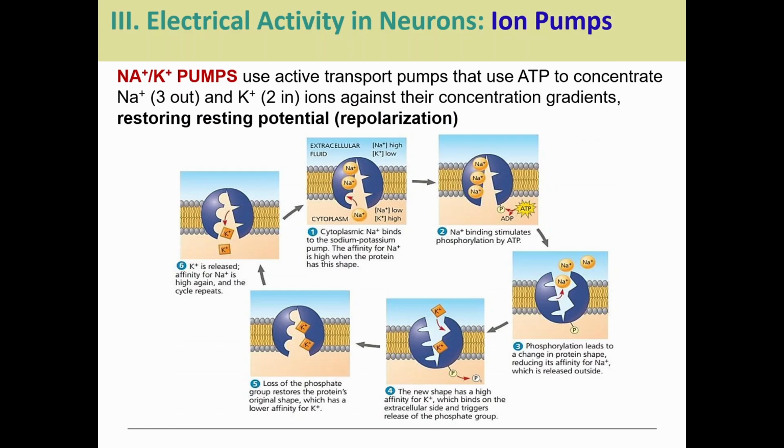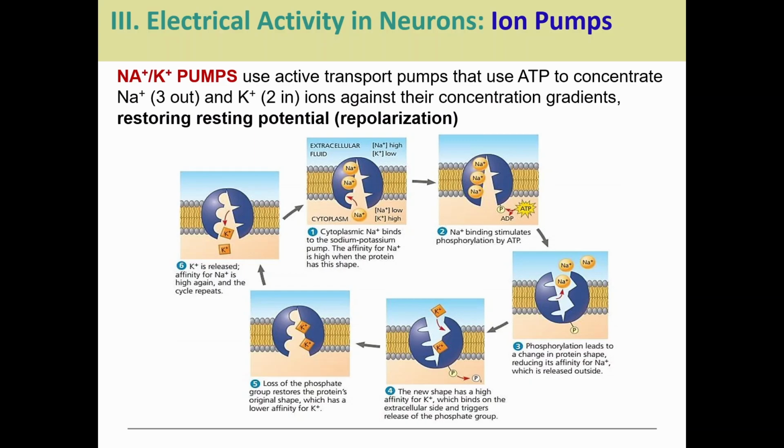Now the big one is the ion pump. This is the sodium potassium pump. We talked about this one back when we talked about active transport, because the sodium potassium pump is the prime example of active transport. And so the big thing here is we are moving 3 sodiums out and 2 potassiums in against their concentration gradients.